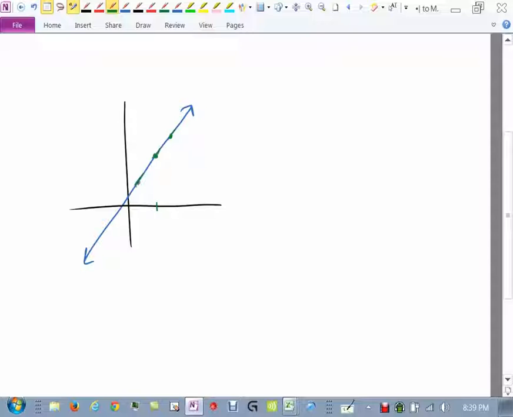Therefore, our derivative is going to be positive because it's pointing up as we move from left to right. But it's always going to be constant. It's always the same number. I don't know what it is because I don't know the slope of that line, but I can tell you that it's a constant. So what we're trying to get at here is just making sure we understand the connection between a function and its derivative and how they're connected to each other.